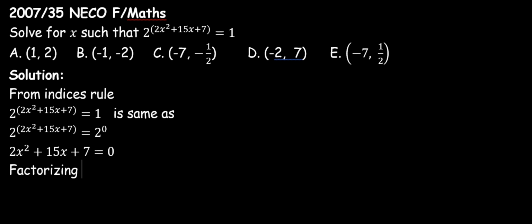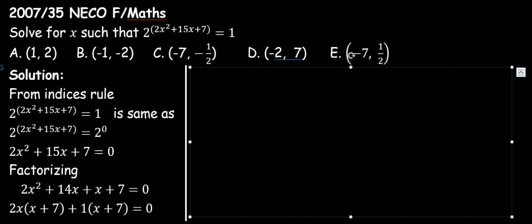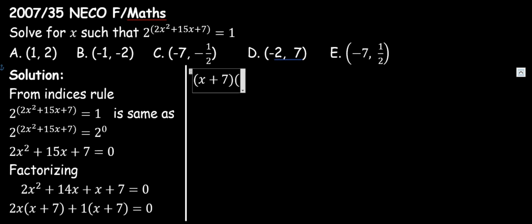Factorizing the resultant quadratic equation, we now have 2x squared plus 14x plus x plus 7 is equal to 0. And that will give us 2x(x plus 7) plus 1(x plus 7) is equal to 0. Factor out (x plus 7) into another bracket (2x plus 1) equal to 0.